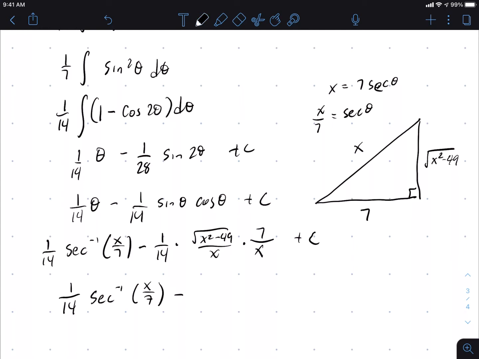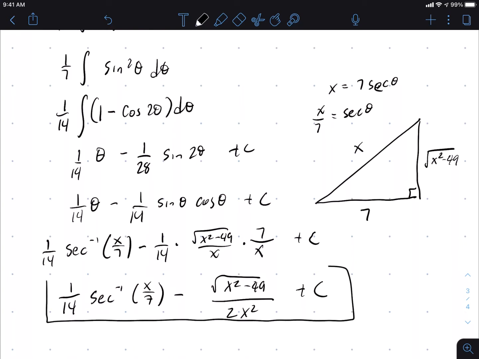I'm going to get root of x squared minus 49 over 2x squared plus c. Agreed? Agreed.